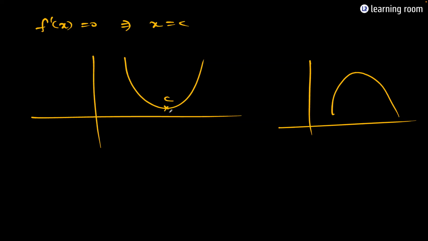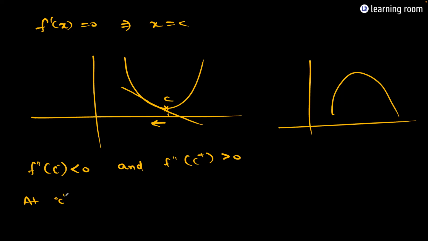This is the point c. So on the left of c, what should happen to the derivative? If f dash of c minus is less than 0 and f dash of c plus is greater than 0, then at c what is happening?